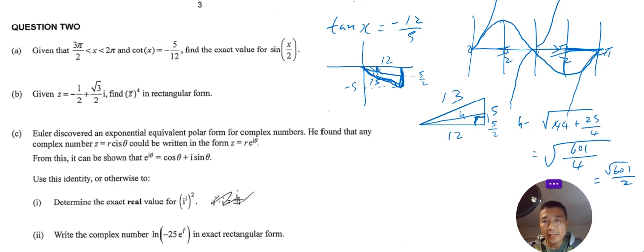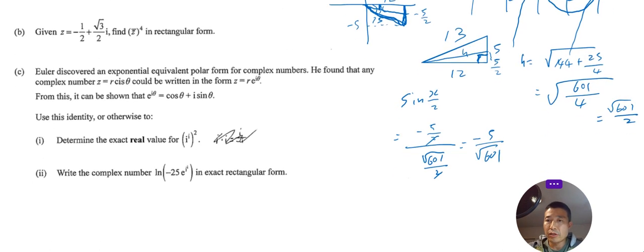So when I say sine x over 2, that's got to be what? Because this is a minus, it is minus 5 over 2 over the hypotenuse, which is square root of 601 over 2. Simplifying, negative 5 over square root of 601.